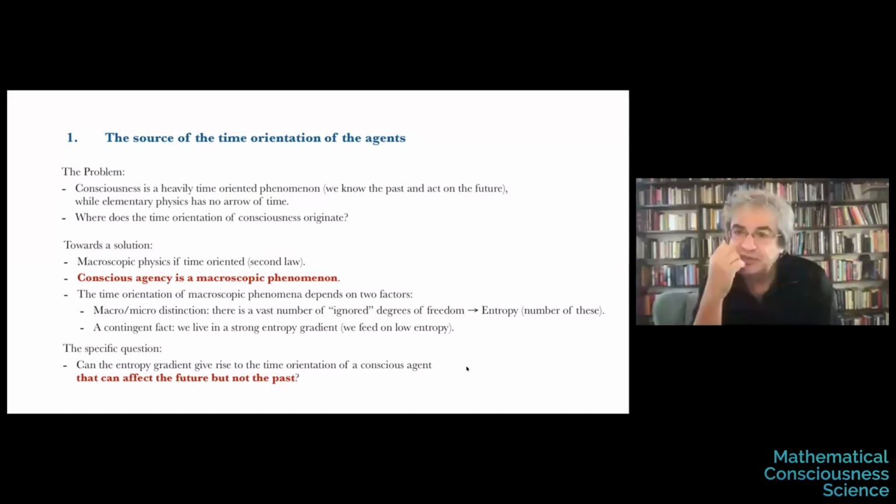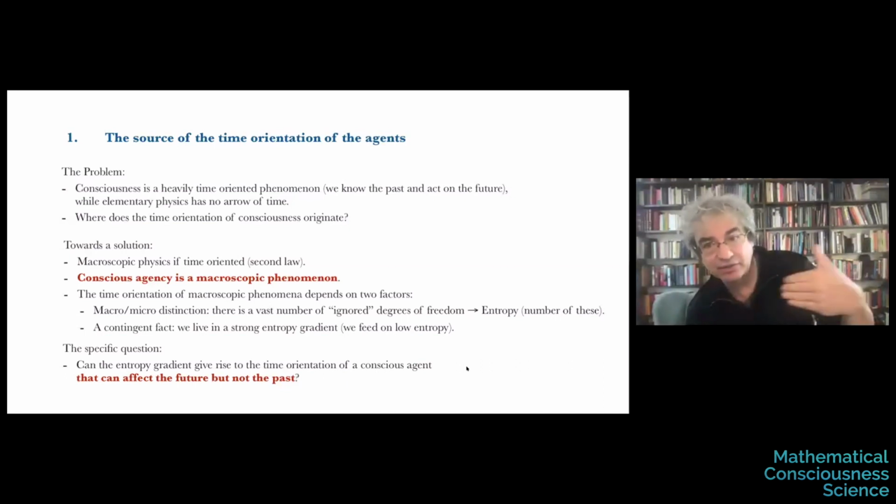In physics, so many times in the history of science, we got stuck, since antiquity, trying to understand something as a pattern, and we only understood it as a pattern in time, as a process, as an evolution. When people tried to understand the solar system, they understood it as a dynamical thing, not as a static thing. So consciousness is a process, something that happens, and definitely happens in time and in a time-oriented way.